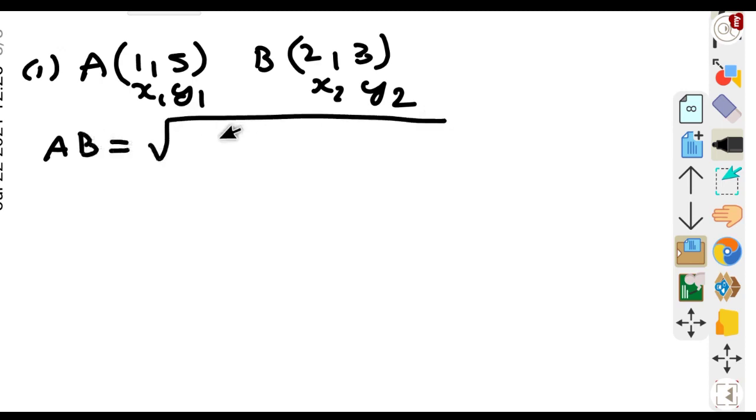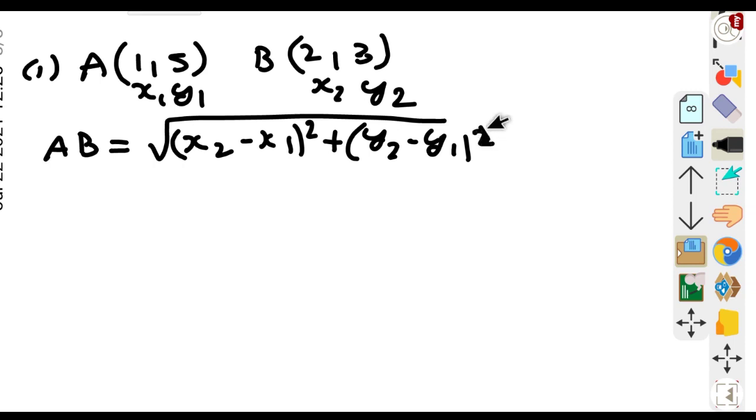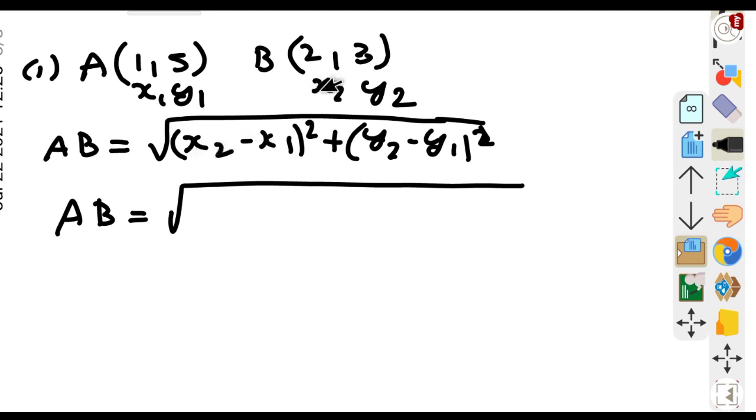The formula, I think you know, is the square root of x2 minus x1 whole square plus y2 minus y1 whole square. So AB equals the square root of x2 is 2 minus x1 is 1 whole square plus y2 is 3 minus 5 whole square.